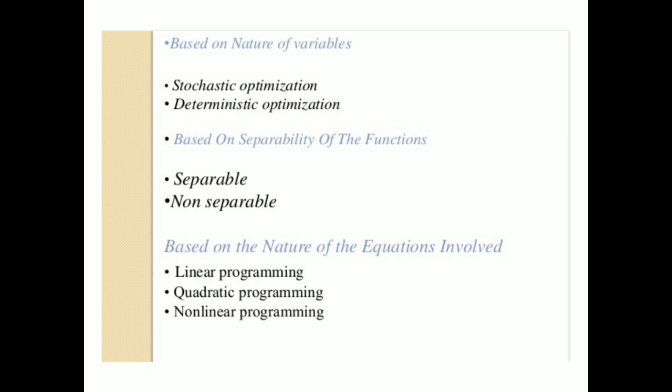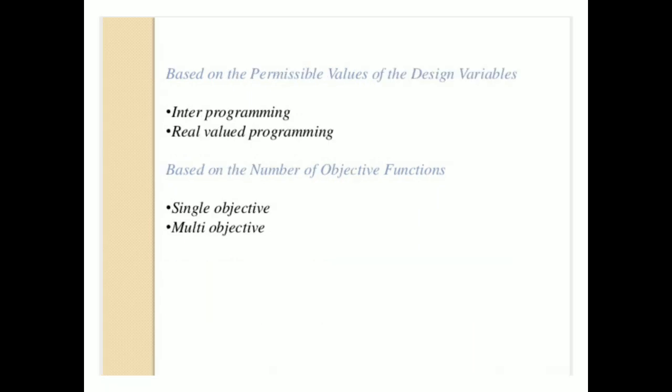A quadratic programming problem is a nonlinear programming problem with a quadratic objective function and linear constraints. And the last point of this classification is the linear programming problem. Here, if the objective function and all the constraints are linear functions of the design variables, the mathematical programming problem is a linear programming problem.